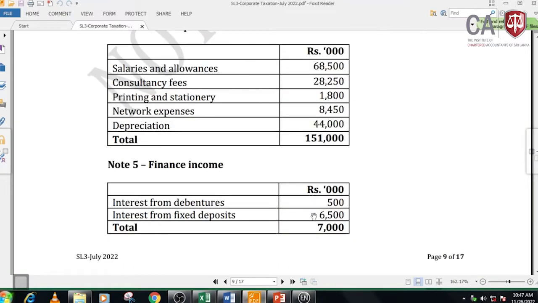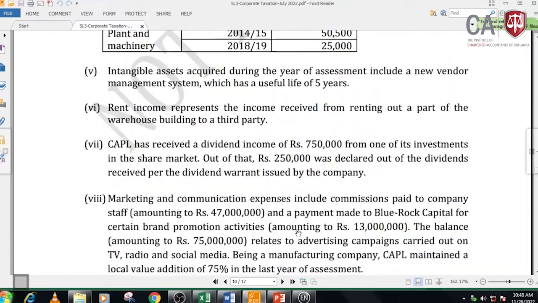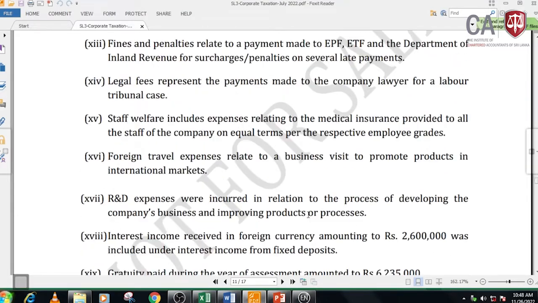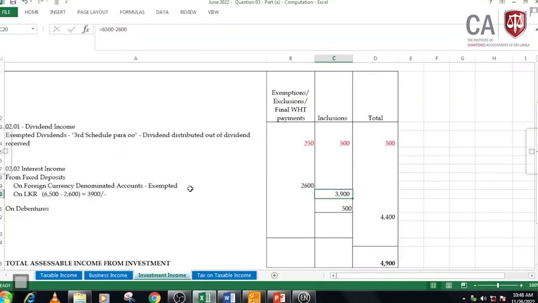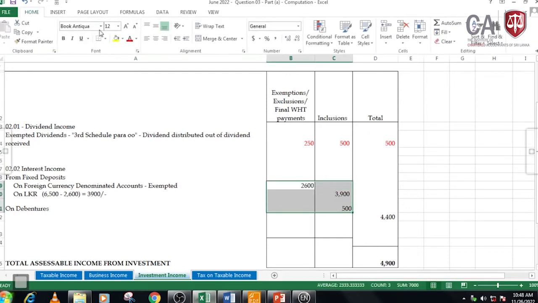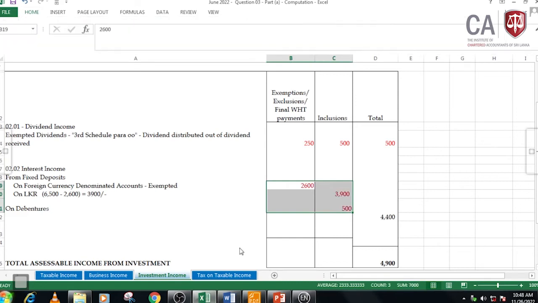From the 6,500, we have to remove the exempted part, which is the 2,600. Done. Balance liable on debenture, it's a total 500,000, it is liable.